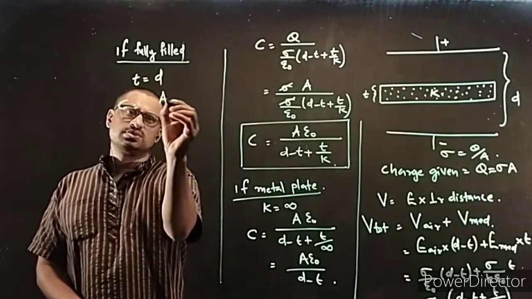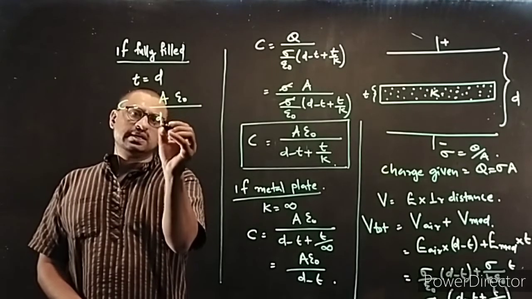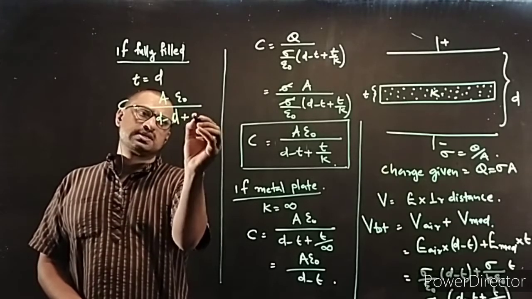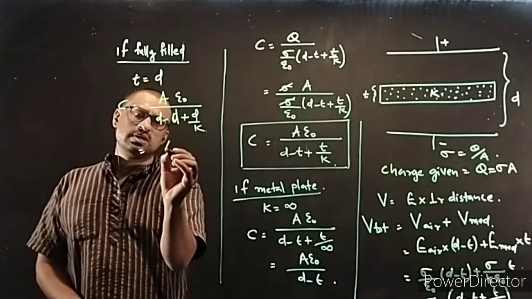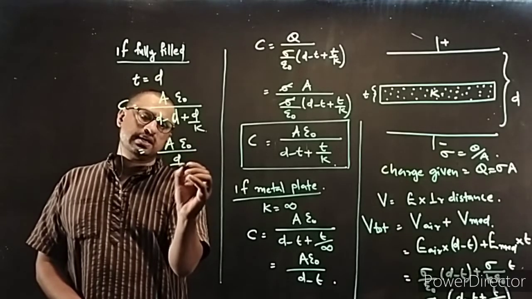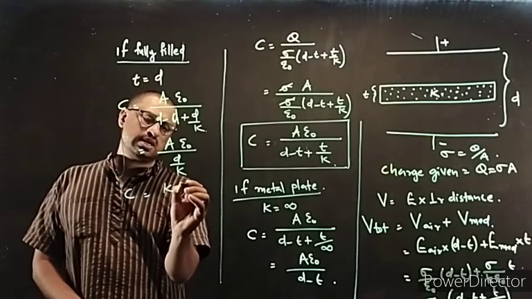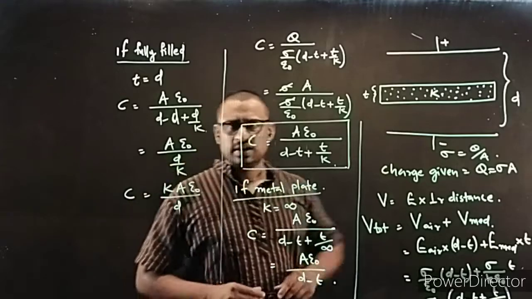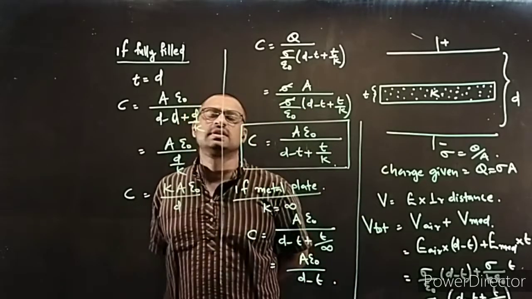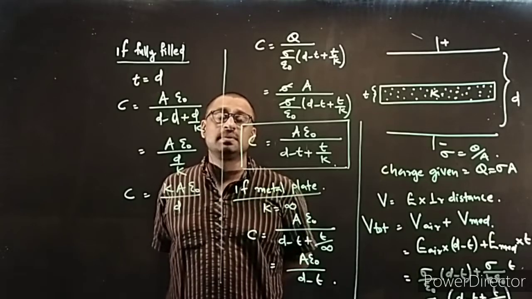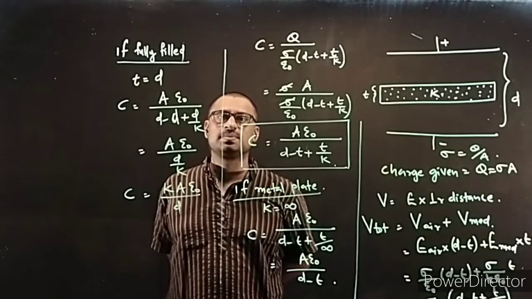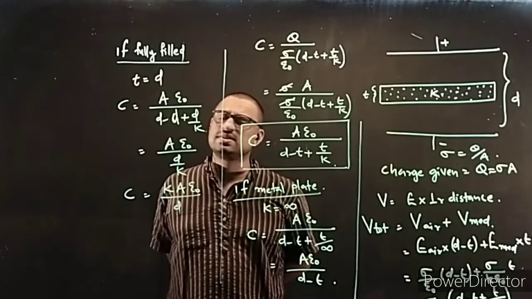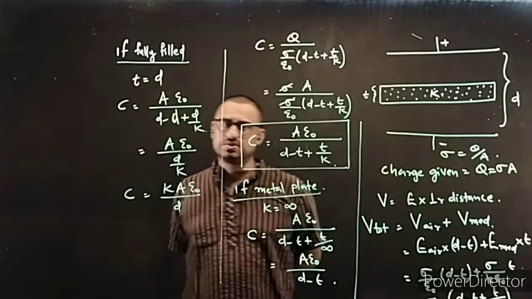So the capacity will be equal to A epsilon 0 divided by D minus D plus D by K. D minus D is 0, so that will be A epsilon 0 divided by D by K. So the capacity is equal to K A epsilon 0 by D. Yes, this one we already reached before. If the space between the plates is completely filled with a dielectric medium, the capacity is K times the capacity of the air capacitor. So this is the capacity of a parallel plate capacitor with a dielectric slab between the plates.